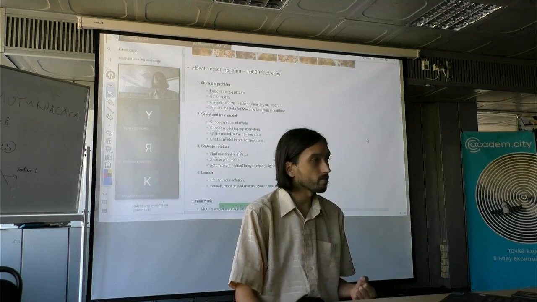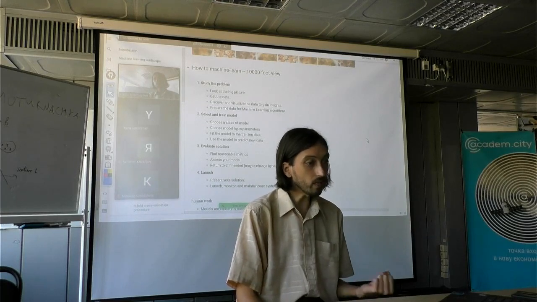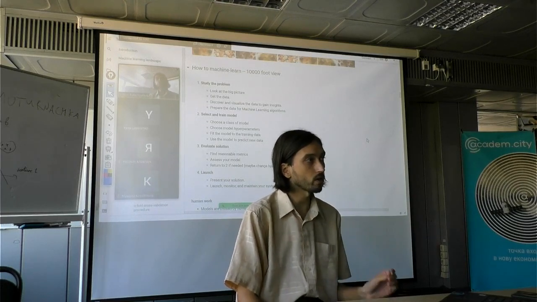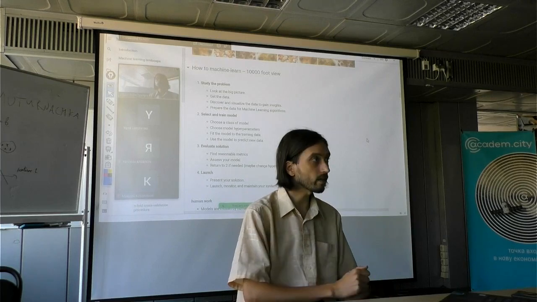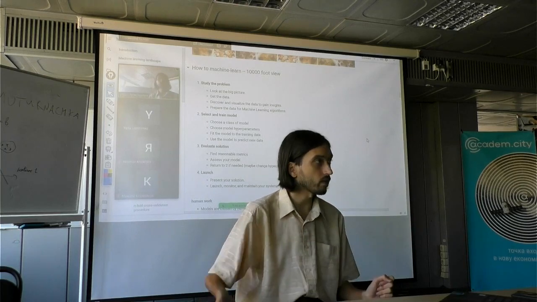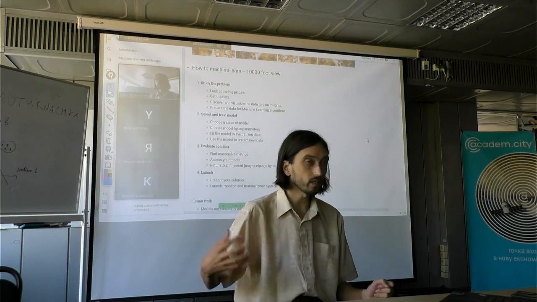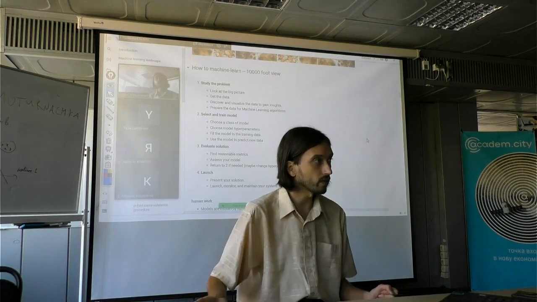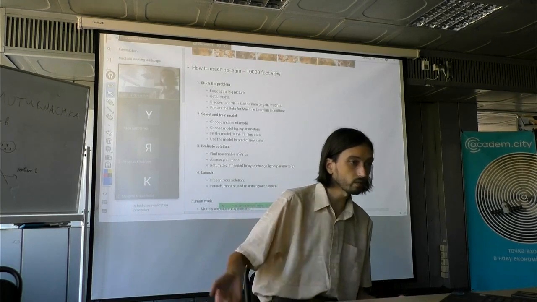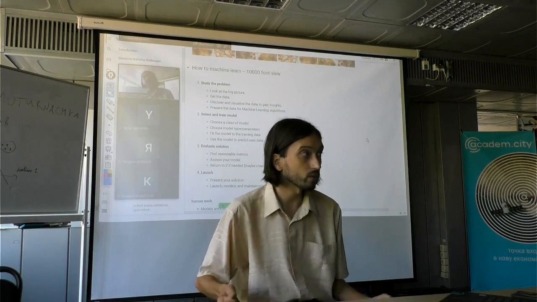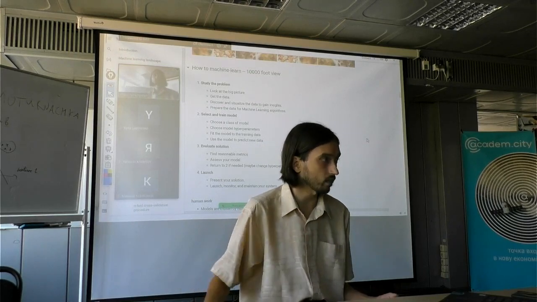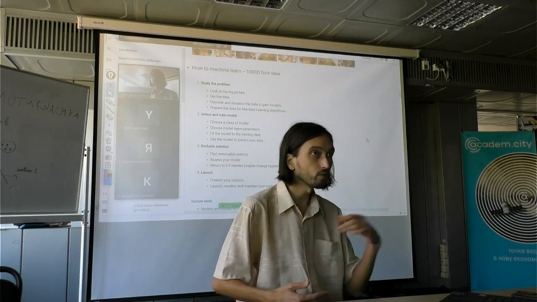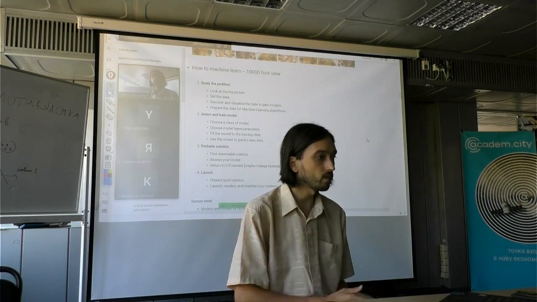But maybe for your project it would be enough to check the metadata of that photo. It often contains some GPS coordinates that will tell you where this photo was taken. And probably you don't need any complicated machine learning methods.